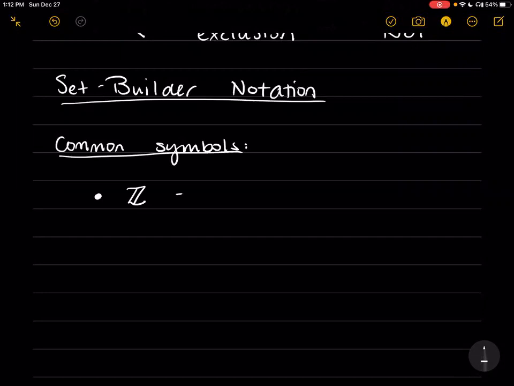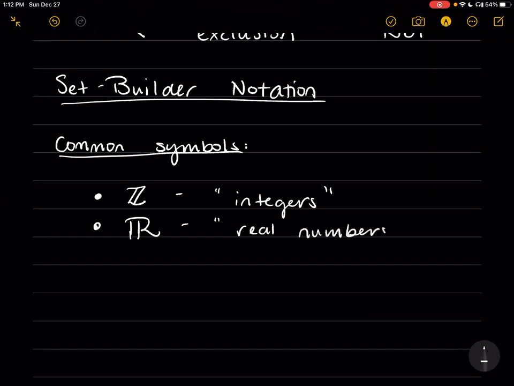A Blackboard Bold capital Z is the integers. Similarly, this Blackboard Bold R, this funky looking R here, is going to be real numbers. These are just shorthand, so we don't have to write out the word integers every time.